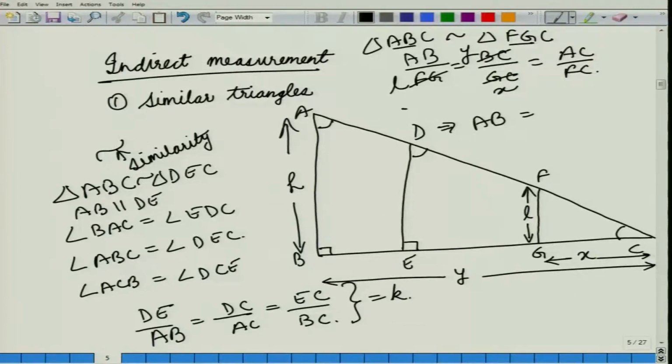AB is equal to, by using this relation, Y upon X into L. Now, because we know Y, we know X and we know L, we can get AB or the height of the tree. So, this method is known as the method of similar triangles, and in another lecture we shall look at this method in more detail and also look at the instruments that we use if we want to measure the height of a tree using similar triangles.